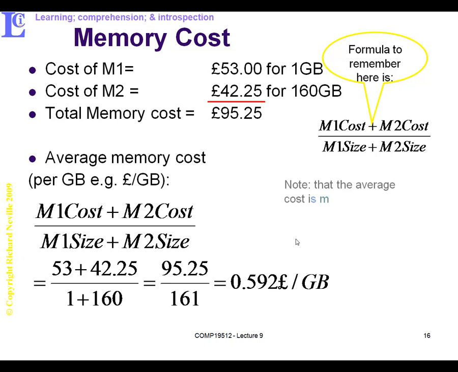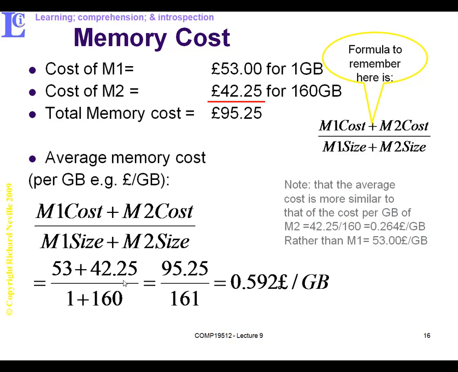Note these averages are in gigabytes for the memory size and in pounds for the amounts. Maybe if you're in America, those would be in dollars. So the trick is really remembering it's cost divided by size for the average memory cost, relating pounds to gigabytes.